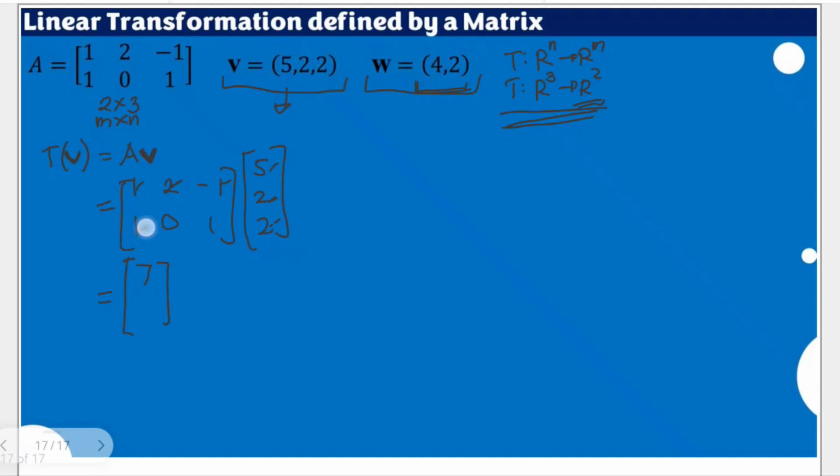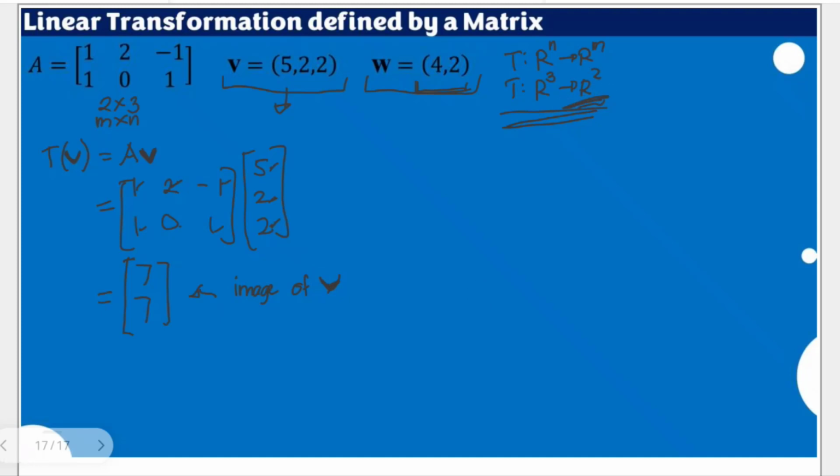Next, we have 1 times 5 is 5, 0 times 2 is 0, and 1 times negative 2 is negative 2, so we also have here 3. This vector of 7, 3 is the image of vector v. And again, we see this is an element of R2, and that's correct.